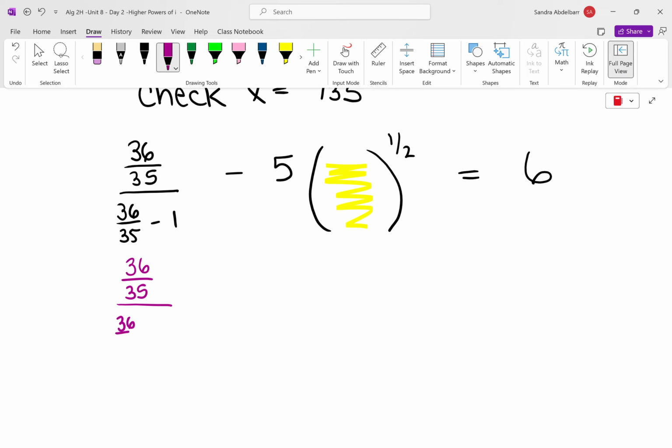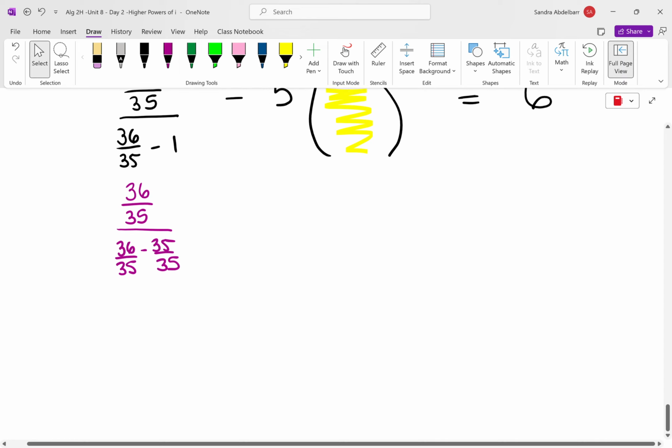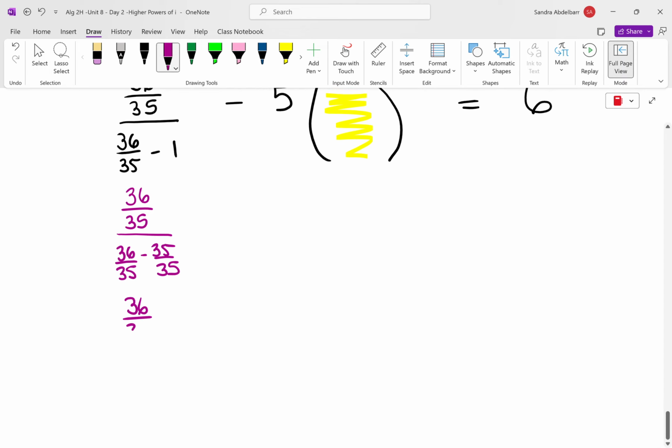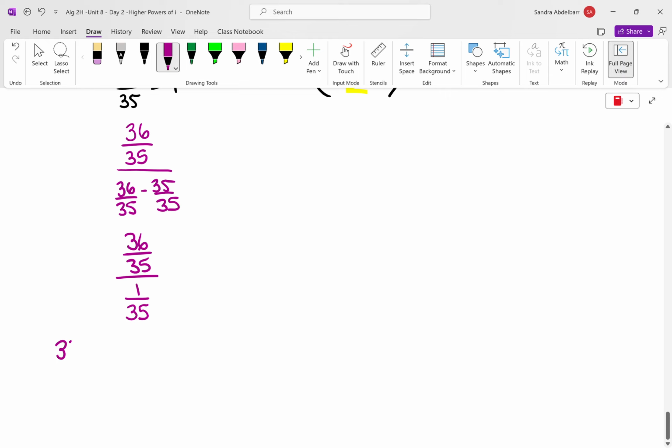So here we have 36 over 35. The first way is simplify that denominator. So we're going to have to make this 36 over 35 minus 35 over 35. So this is 36 over 35 over 1 over 35.